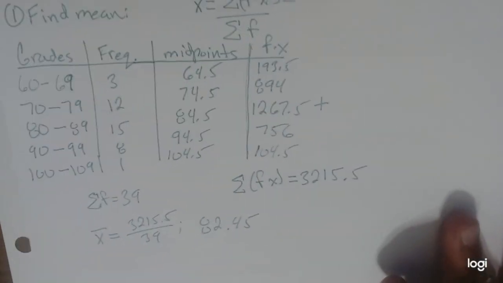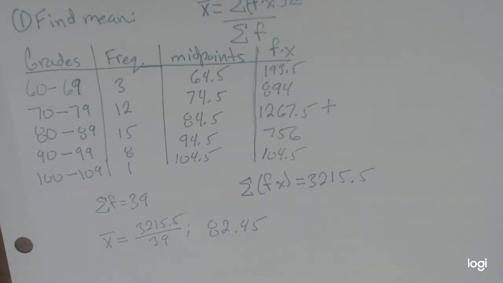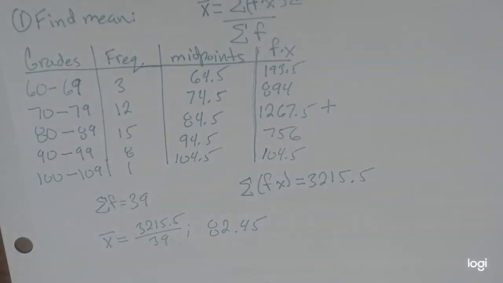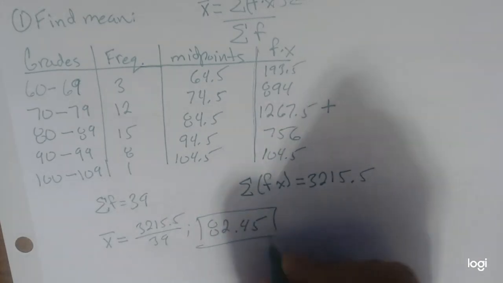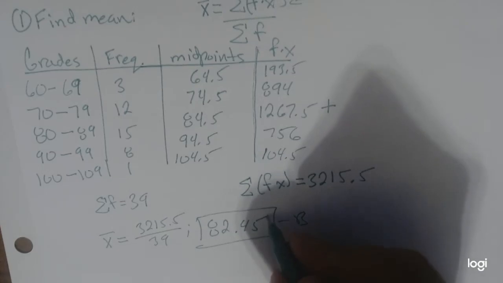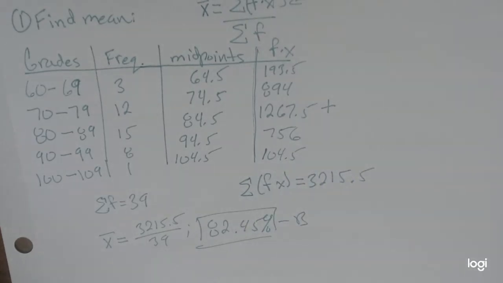Okay. So if this was, for example, a frequency distribution of the grades of this class, the average grade in this class would be about a B, right? 82%, which is really good. Okay, so that's how we find the mean of a frequency distribution.